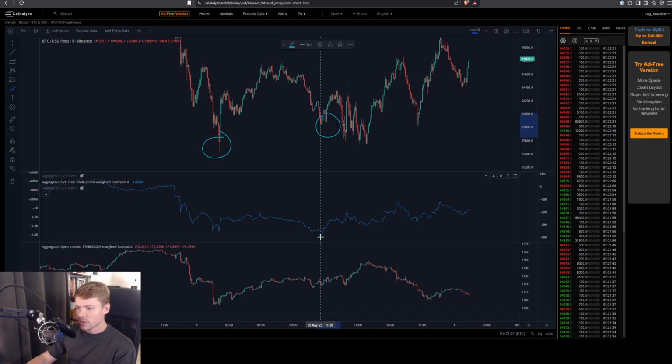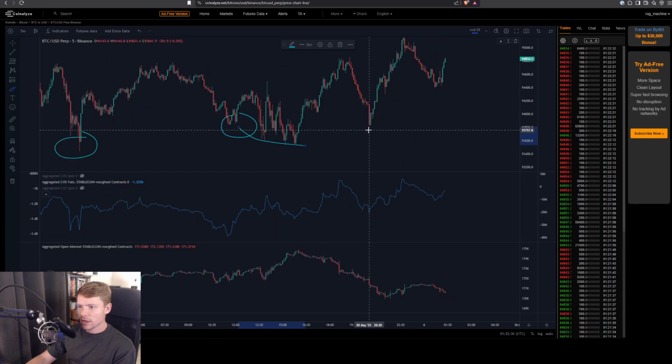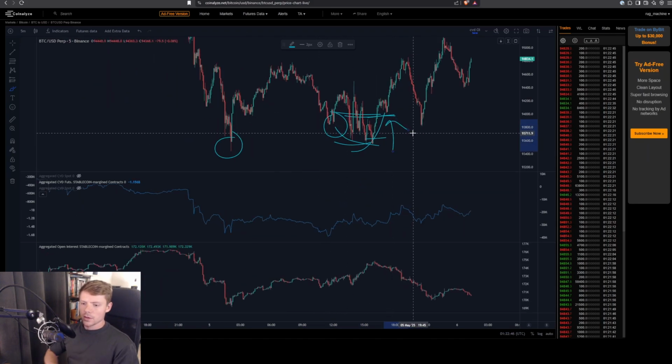Okay, so aggressive selling. And then weirdly, the CVD starts picking up. Price doesn't, spot's still selling, and then we get the constructive bid on the 5-minute. We break out of this, we come up, we back test this little range here. That's your trigger to go long right here, right?